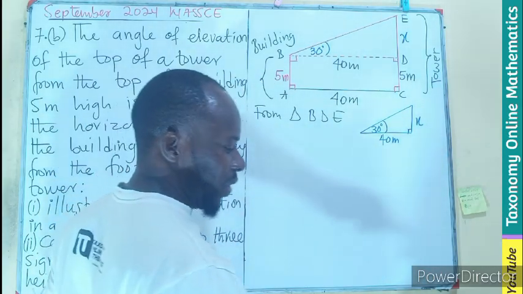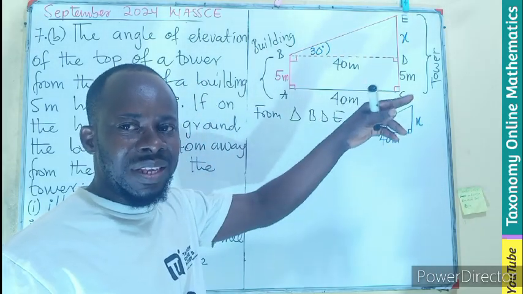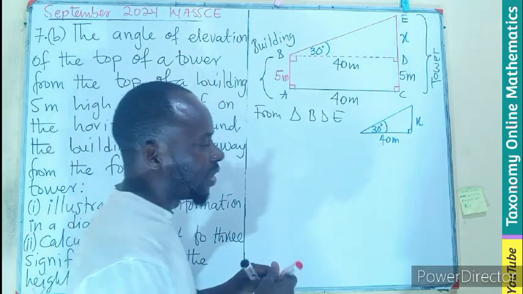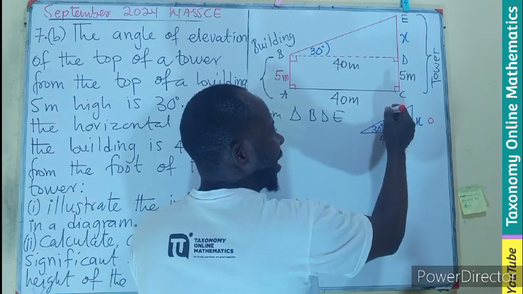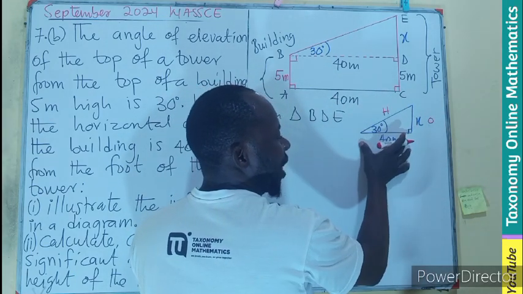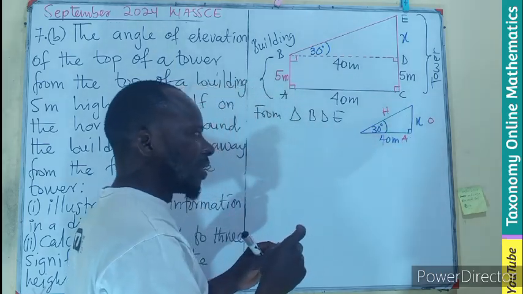We know that if we have a right angle triangle, the side the angle is facing is the opposite side. This is our opposite side. The longest side is the hypotenuse. The other one, which is perpendicular to the opposite, is called the adjacent.